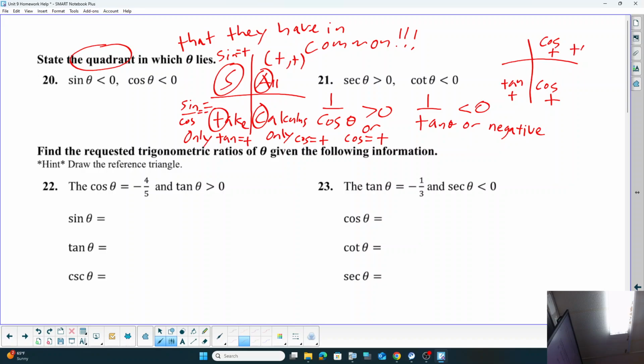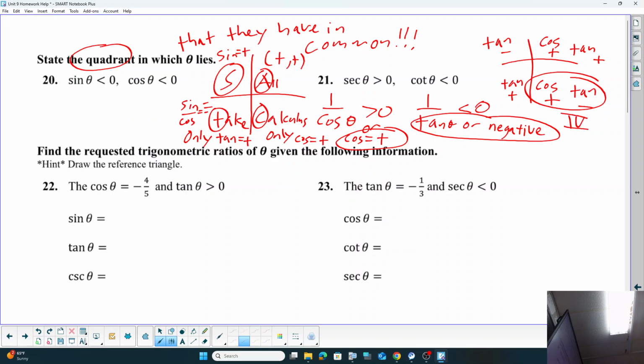Tangent's positive here and here, so that means the tangent is negative here and here. We found it. We want cosine positive and we want tangent negative. Quadrant 3. No, 4, sorry. Quadrant 4.